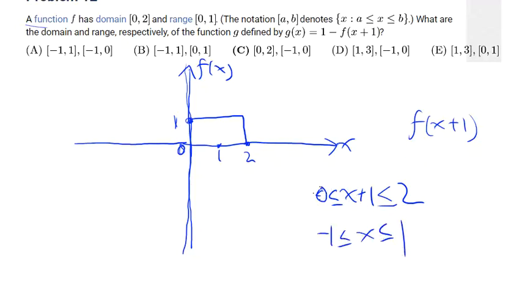We just take away 1 on all these. So now it becomes this box. Because it's still f, the value of this thing doesn't change, it just shifted to the left by 1.